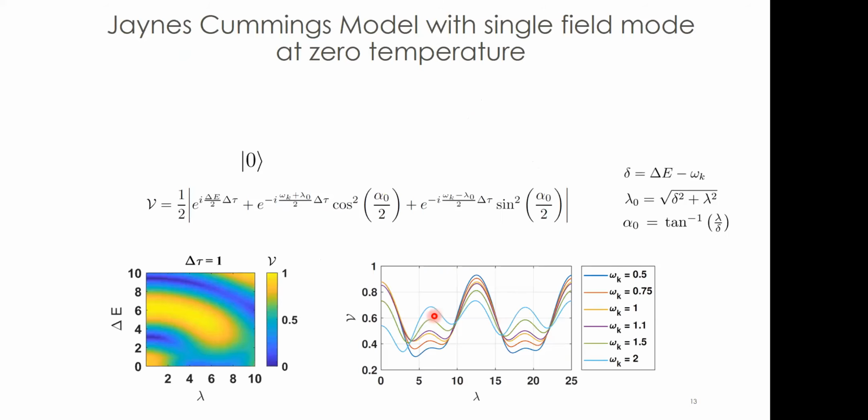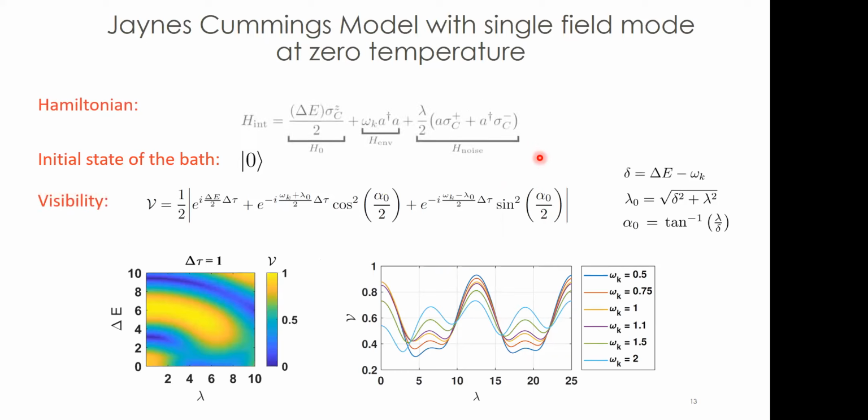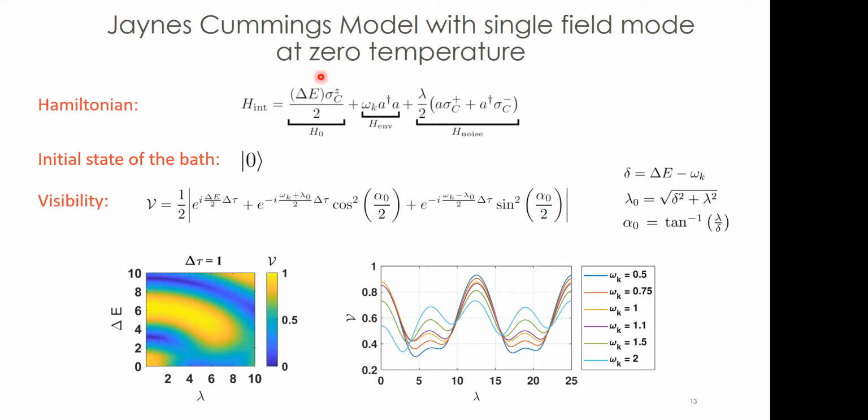So the first result that I would like to highlight here is the Jaynes-Cummings model, for which we have considered the single field approximation. At zero temperature, what it leads to is a simple Hamiltonian, which consists of a sigma z type term, like the clock Hamiltonian, delta E times sigma z, the environment Hamiltonian, which has a frequency omega k, and a noise Hamiltonian, which depends on the noise parameter lambda.